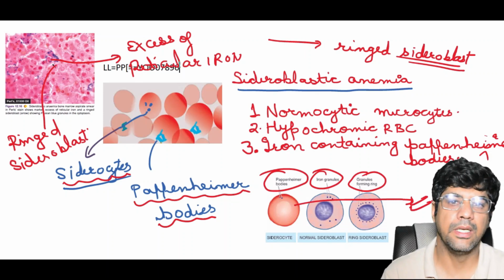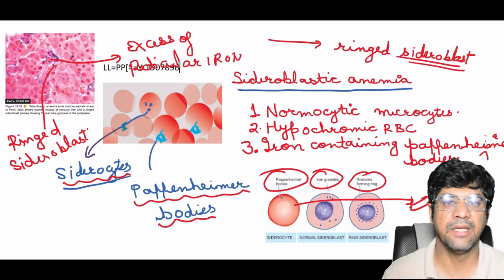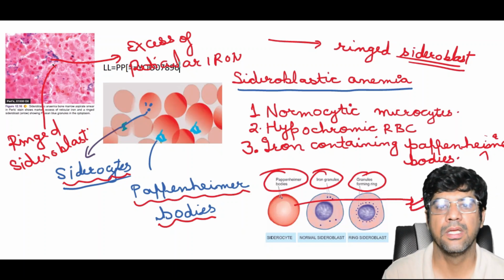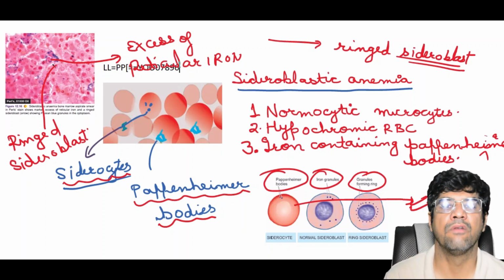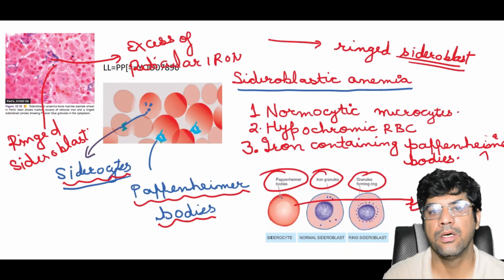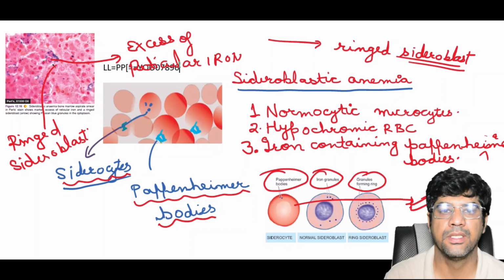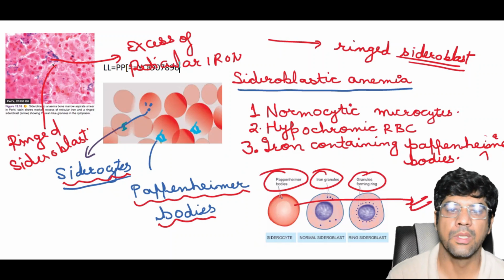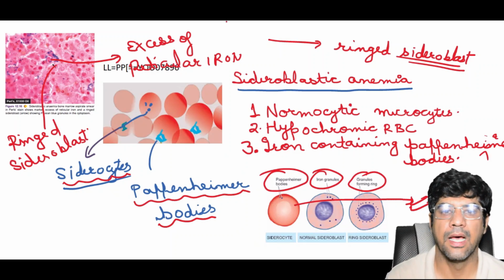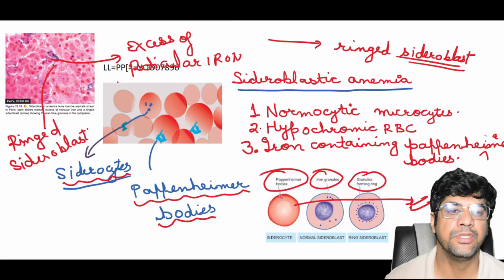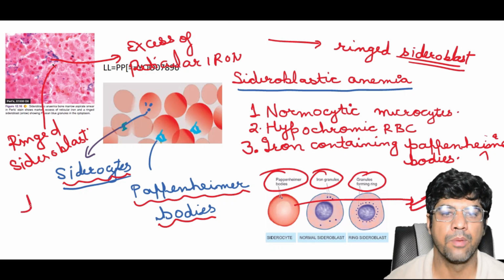So sideroblastic anemia is characterized by a specific defect in heme synthesis that leads to accumulation of iron in the mitochondria of the developing red blood cells. The primary defect lies in the inability to synthesize heme properly.